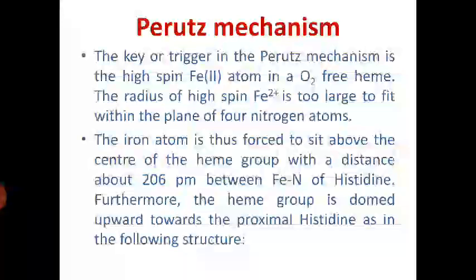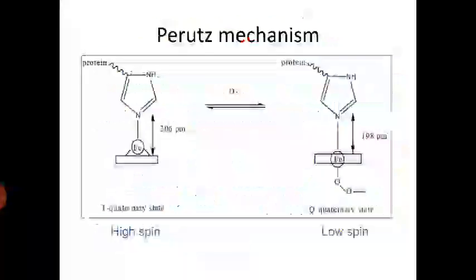Then the iron atom is thus forced to sit above the center of heme group with a distance about 206 picometers between iron and nitrogen of histidine. Furthermore, the heme group is domed upwards towards the proximal histidine, as in the structure we can see in the next slide. The distance may be decreased to 198 picometers from 206 picometers.